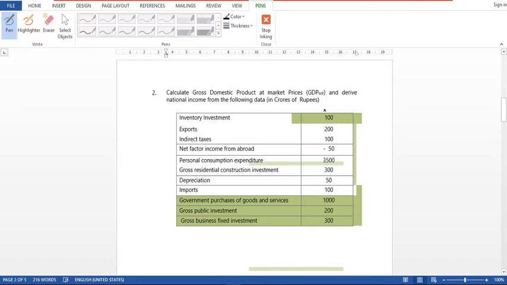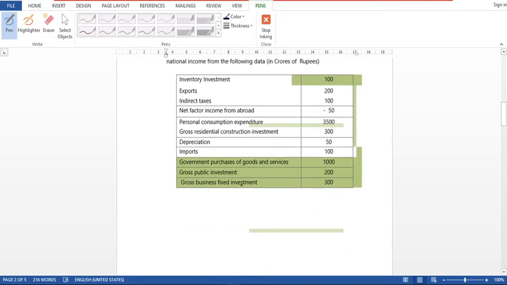Calculate GDP at market price and derive national income for the following data in rupees and crores. Is it alright? Now, once again, as we have learned in the previous lecture, Y is equal to C plus I plus government expenditure plus export minus import, that is net export.